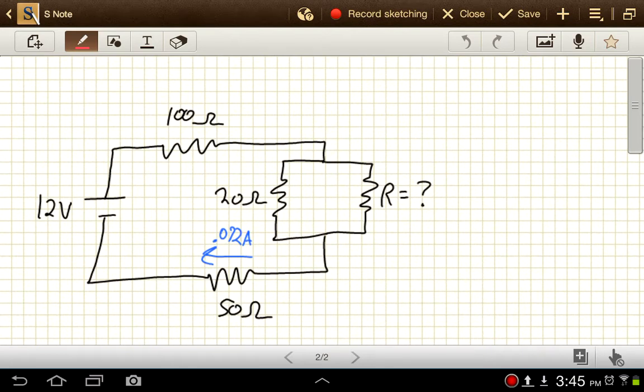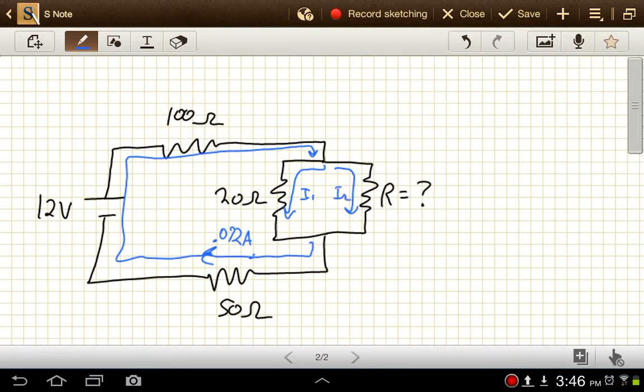Now first off, our current through this spot is 0.072 amps, that means the current all the way around to here is 0.072 amps, all the way until it splits up. Now here, maybe we'll call that I1, and here I2.